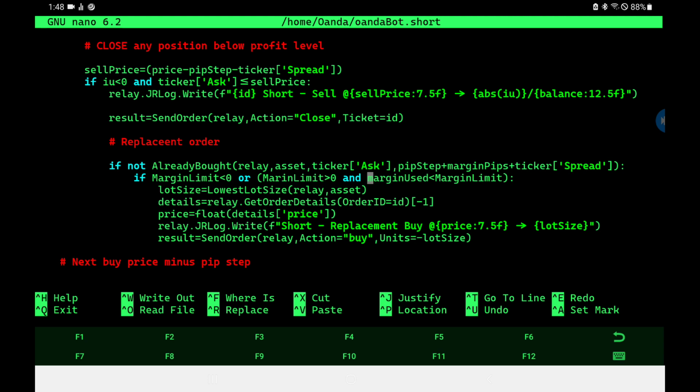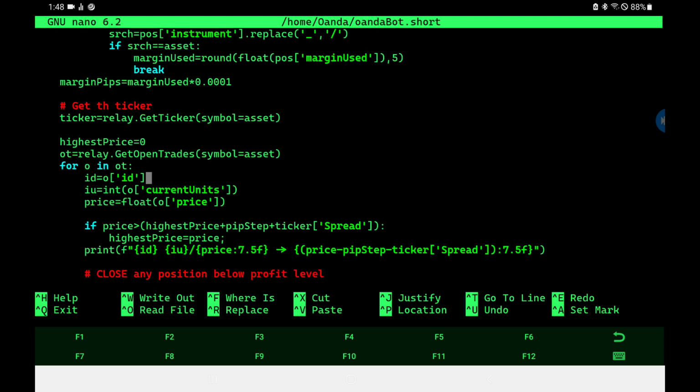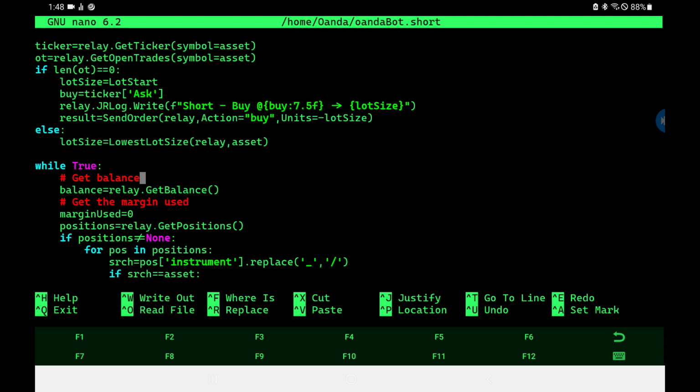When that's done, now we look at our margin limit. If it's less than 0, meaning I've set it to -1, I'm not looking to control margin. That's actually set up here. Let's see.